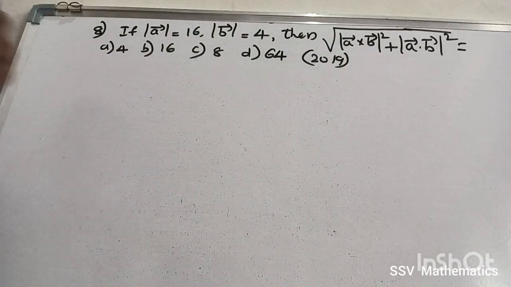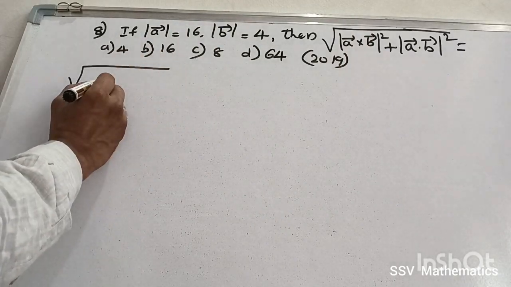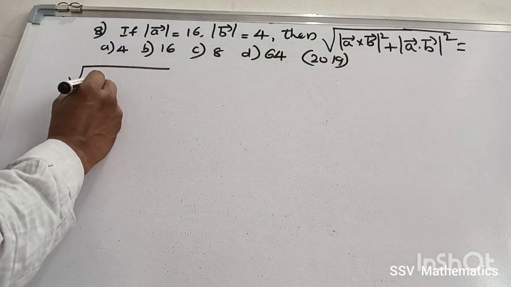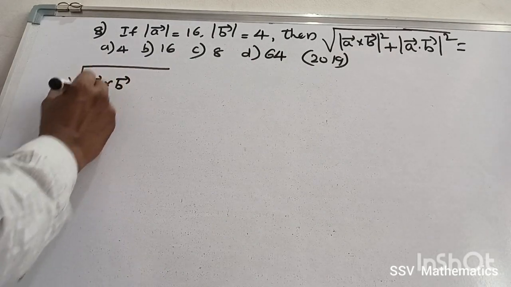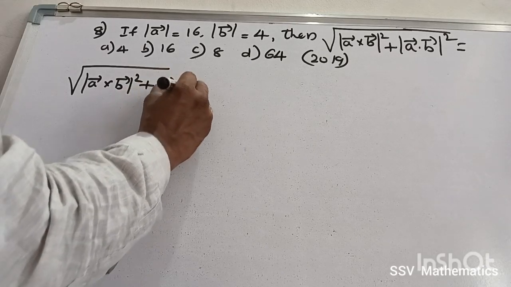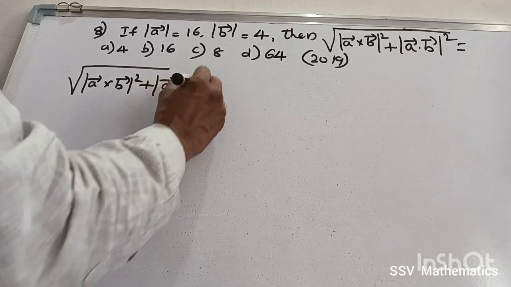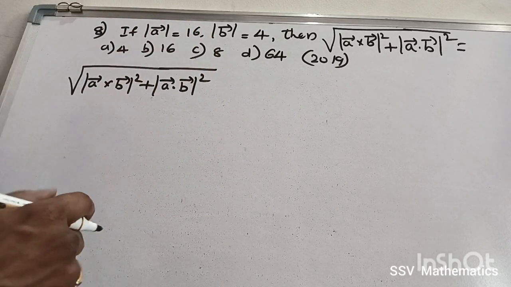So here consider the square root of magnitude of A cross B whole square plus magnitude of A dot B whole square. We have to find the value of this.